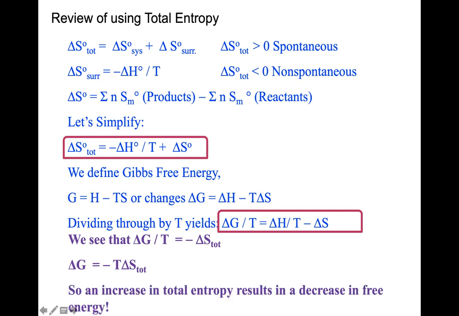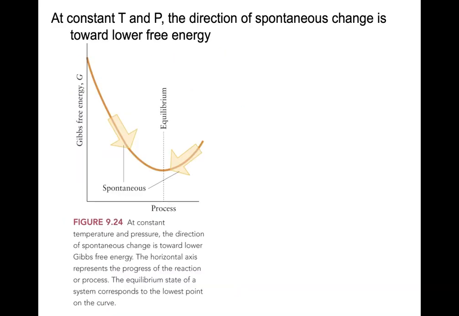All right, so the increase in total entropy results in a decrease in free energy. I want to show a picture next that shows what's going on a little bit more. At constant temperature and pressure, we could think about how Gibbs free energy changes as a reaction or a process progresses.